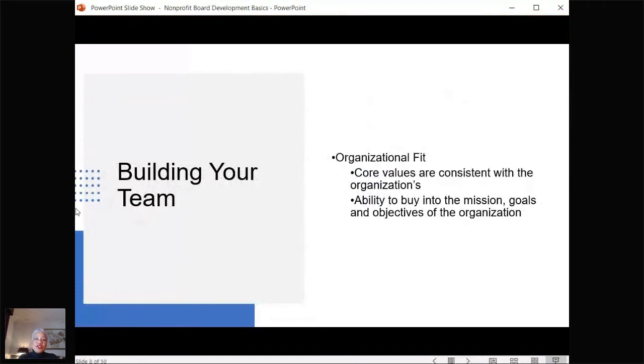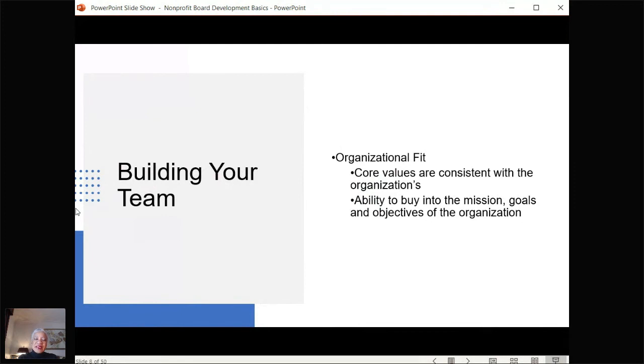So the first thing you want to do is build your team. And I want to say this for folks who are actually in the process of developing their organizations. You want to do this before you start your organization in an ideal sense. You want to know who should be on your board.